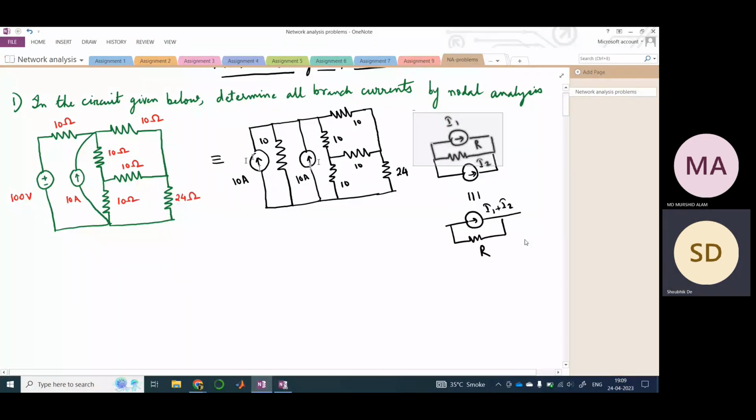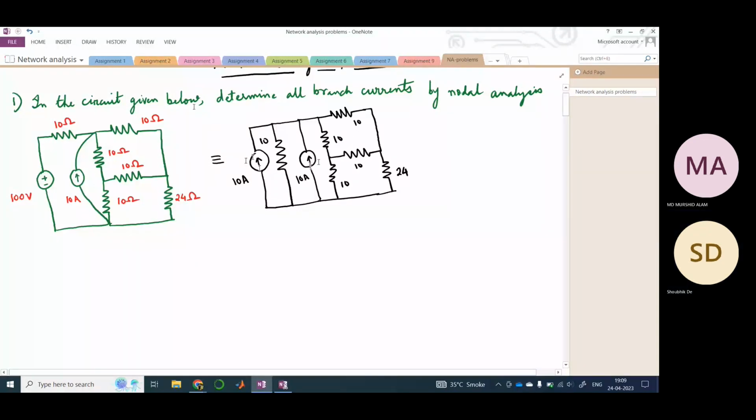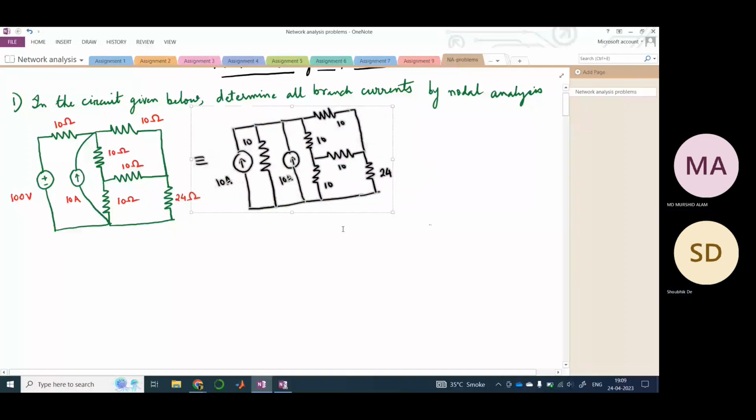Using that, this 10 ampere source would get added, both 10 ampere, and it would become 20 ampere here.